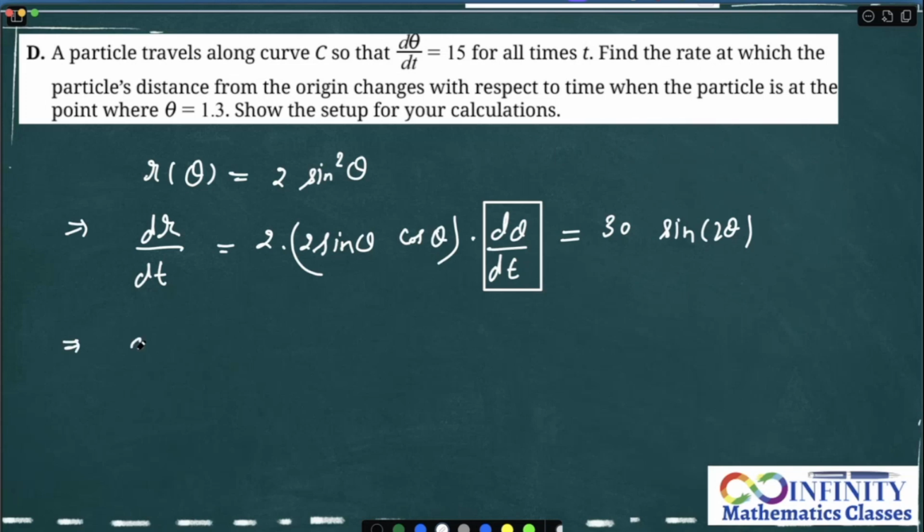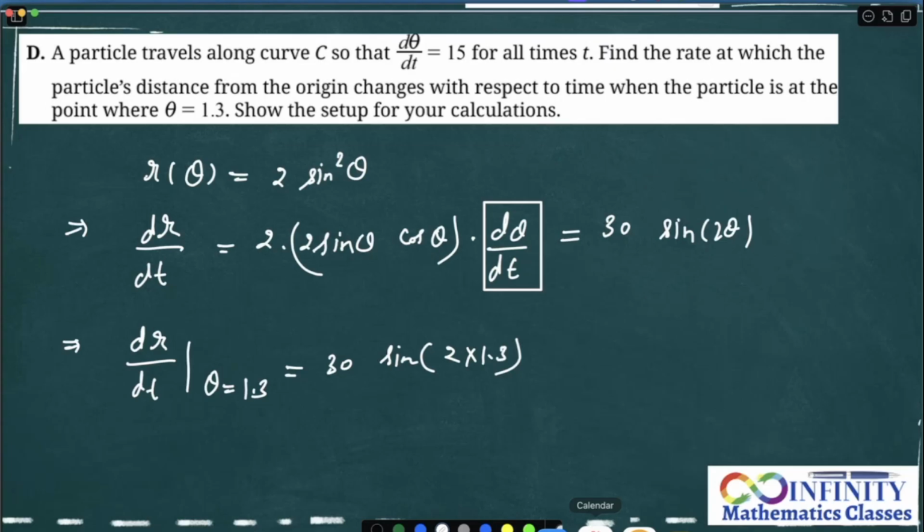You need the value of dr over dt at theta equals 1.3. Plug the value in and calculate. Let us just calculate the value. 30 sine 2.6.